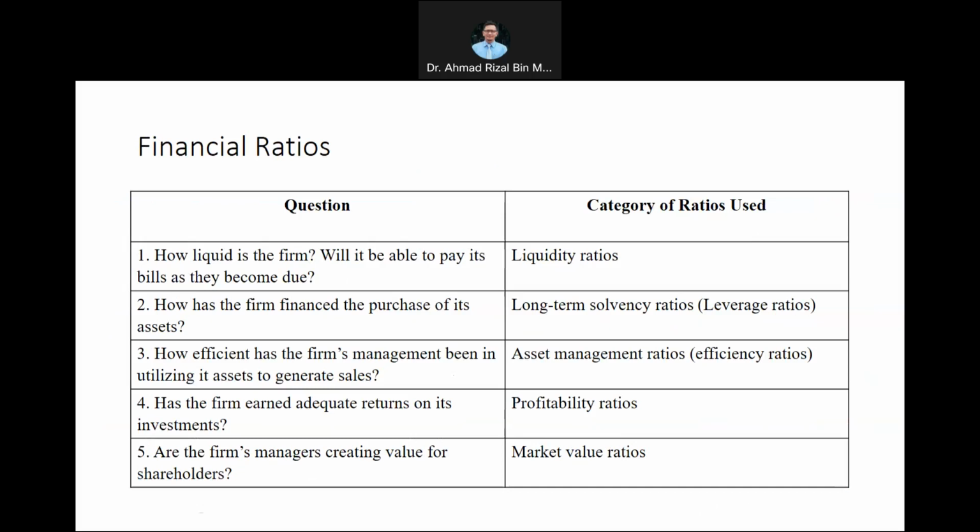Market value ratios are important because, as we have seen from number 1 to number 4, all of the other ratios use accounting data, which are historical. The market value ratios are the only ratios which use market data, which is current rather than historical, as in accounting data.